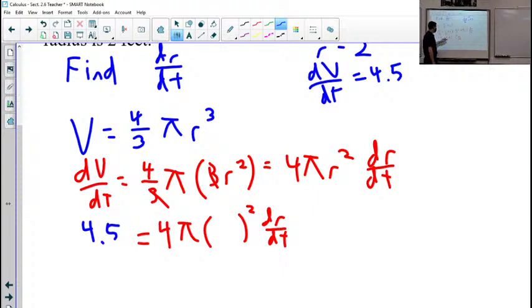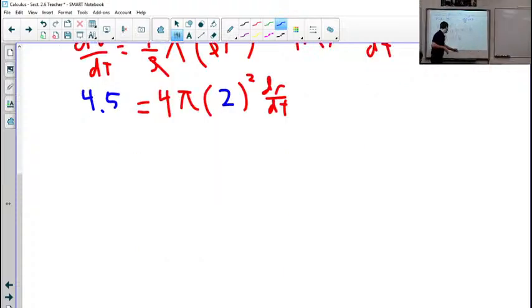And then we are also told that r is 2. I'm going to leave this in terms of pi. I'm not going to get a decimal out here. 2 squared is 4, so 4 times 4 is 16 pi.